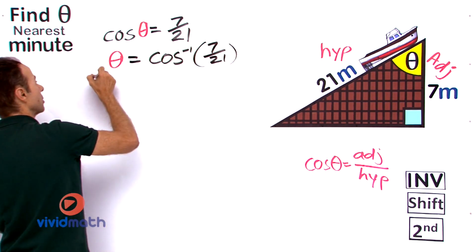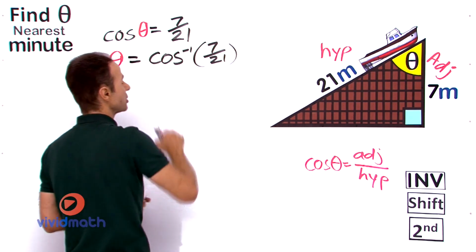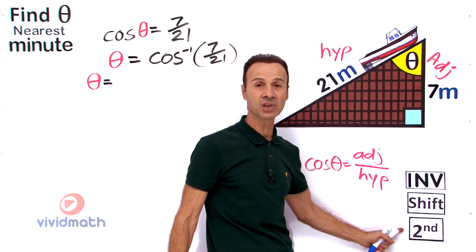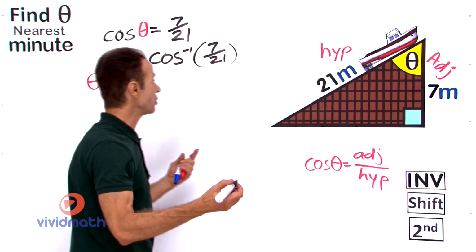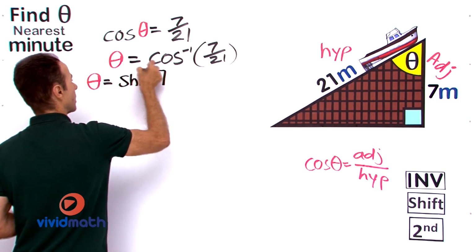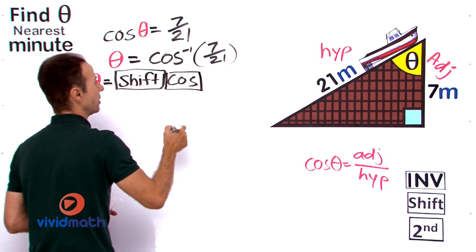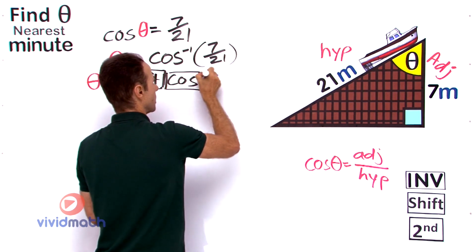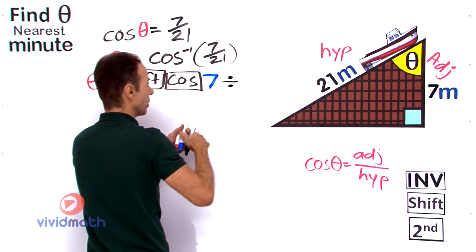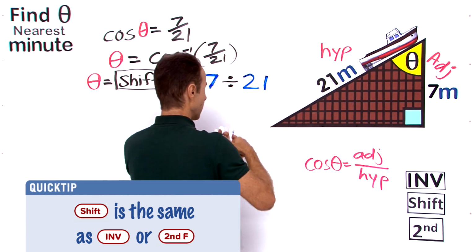Now, what's that going to equal? Well, now we're going to use the calculator. Depending on your calculator, you may have an inverse button, a shift button, or a second function. Either will do. I'm going to go with the shift. I use a Casio. So theta equals, press shift, cosine, and then 7 divided by 21, and then hit equals.